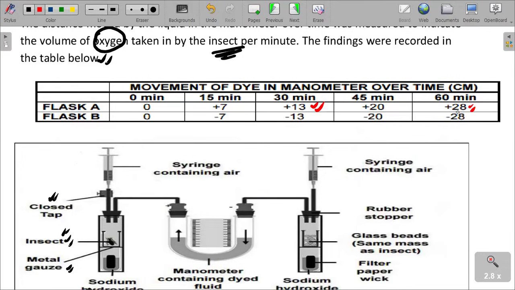So percentage increase is always going to be final minus initial over what? Over initial times 100.